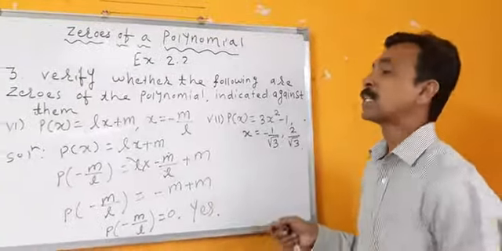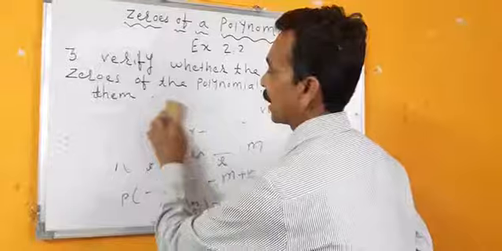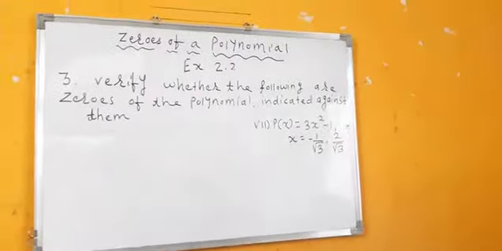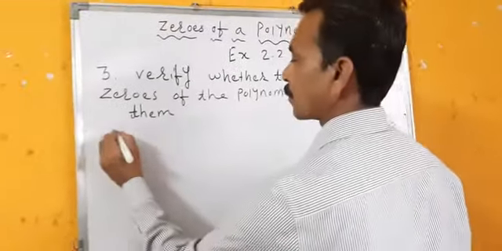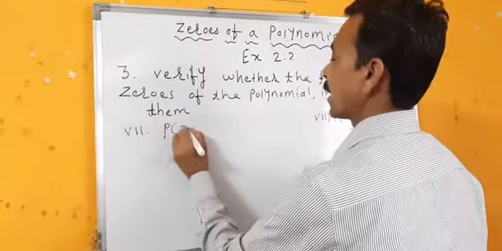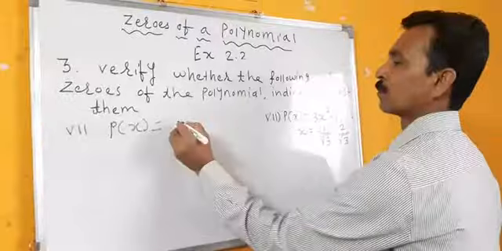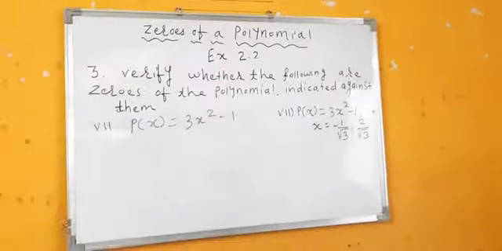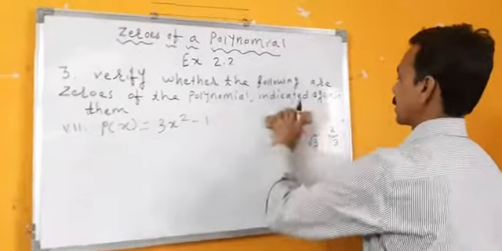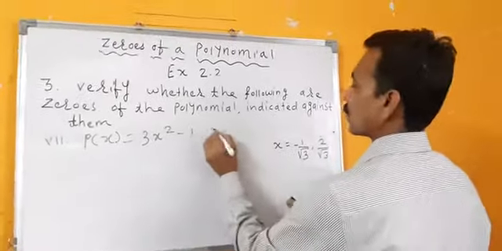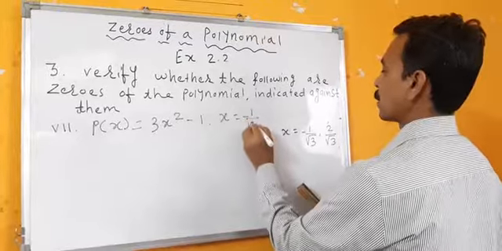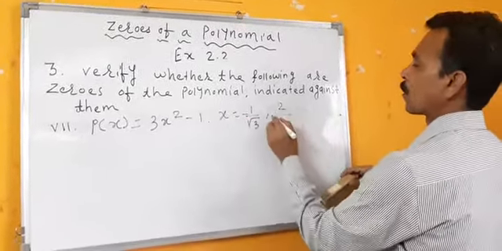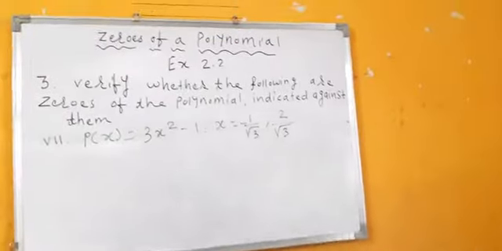Now we will see the seventh sum. What is the seventh sum? P of x is equal to 3x square minus 1, where the values given of x are, first, x is equal to minus 1 by root 3, and the next value is 2 upon root 3.